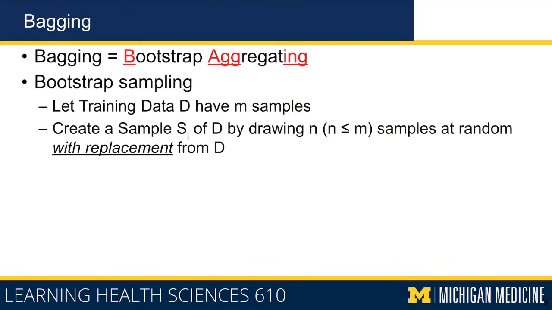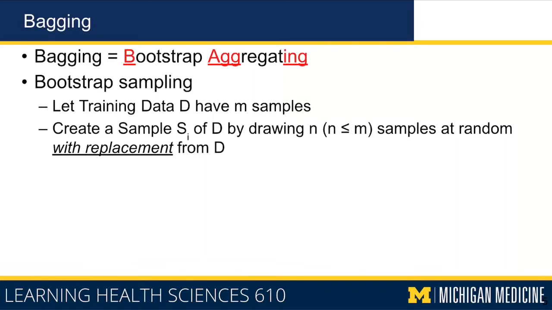So the main idea there is you're doing a bootstrap sampling, which means that if you have a training data set D that has m samples, you are creating a sample, let's say Si, from this training data by drawing n samples, where n can be as much as m, but can be less than m also.